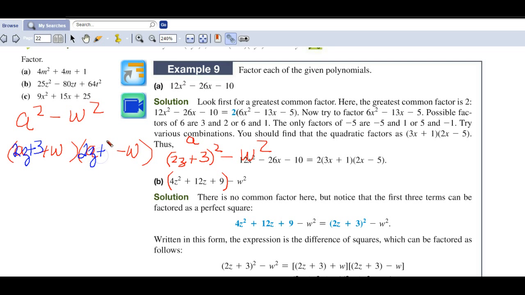And I believe that is the answer down here somewhere. Yep. 2z plus 3, 2z plus 3 plus w minus w. Very good. And then you take out those inner parentheses.